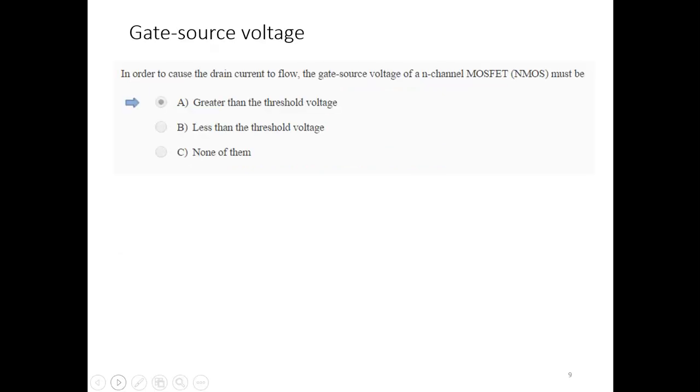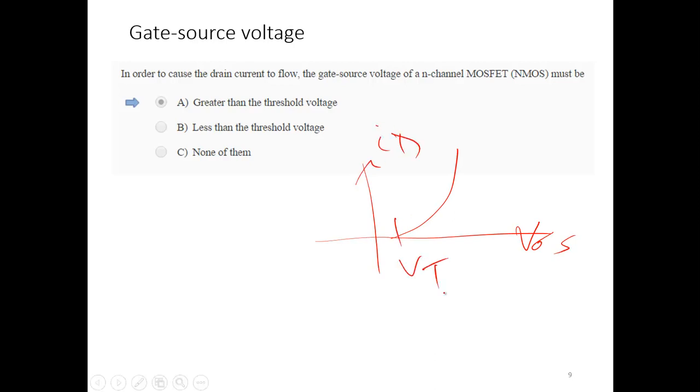The next question: in order to ensure drain current flow, the gate source voltage must be greater than the threshold voltage, not less than it. Remember this characteristic we mentioned: this is the VGS, that's the ID, and that's the threshold voltage. It must be greater than the threshold voltage because you have to break the threshold before the channel forms.